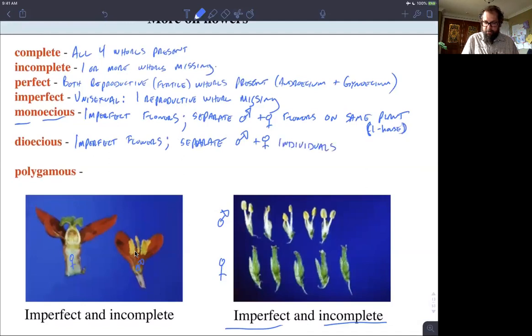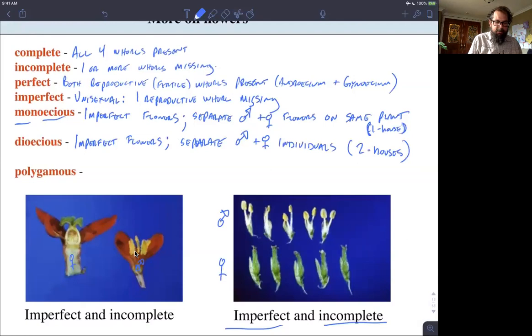And so this is two houses, where we have separate male plants and separate female plants. So willows are a good example of this. Your willow will either have all male flowers on it, it's a male individual, and then a separate individual will have all female flowers on it. These are what we refer to as dioecious.